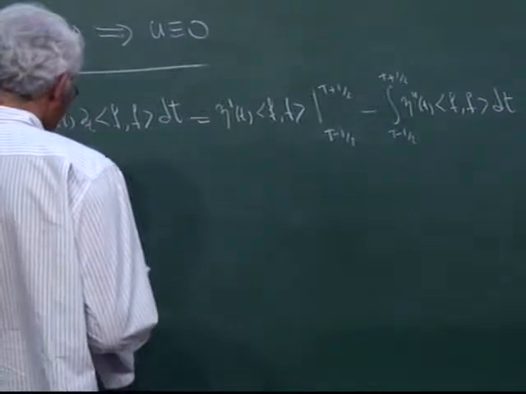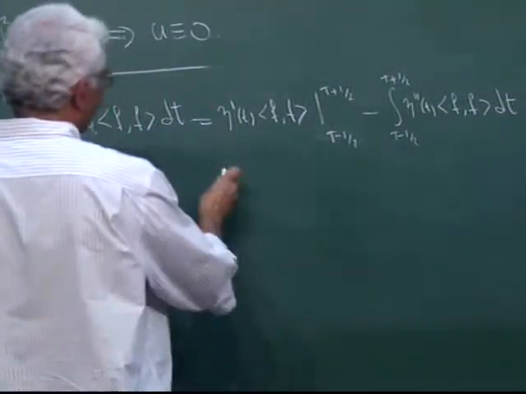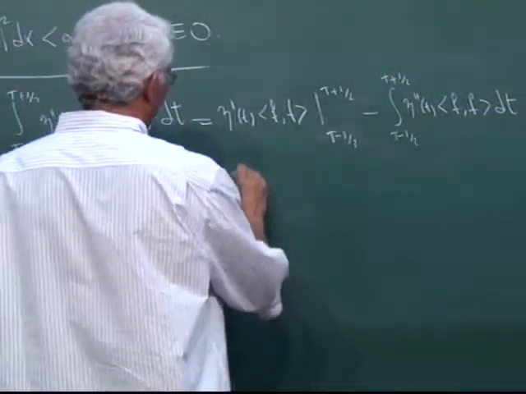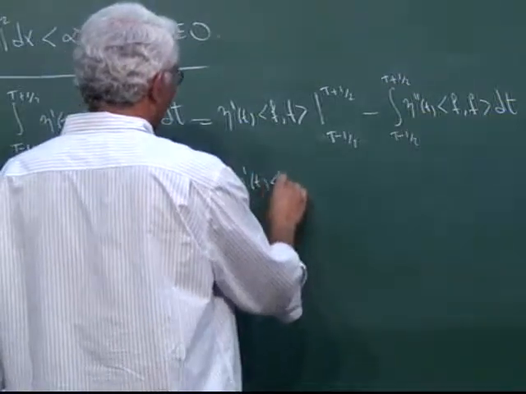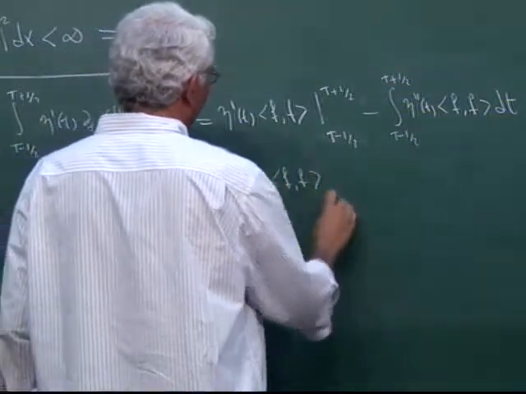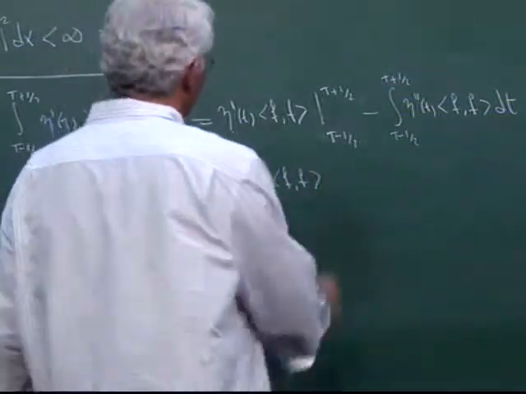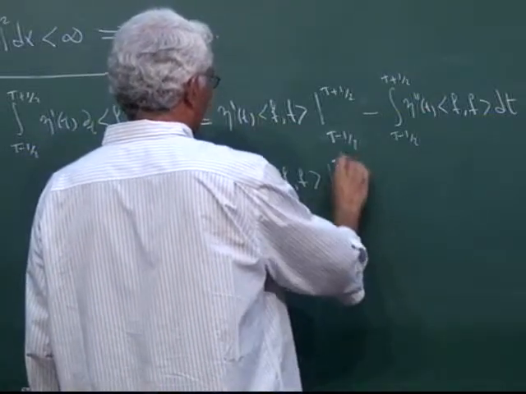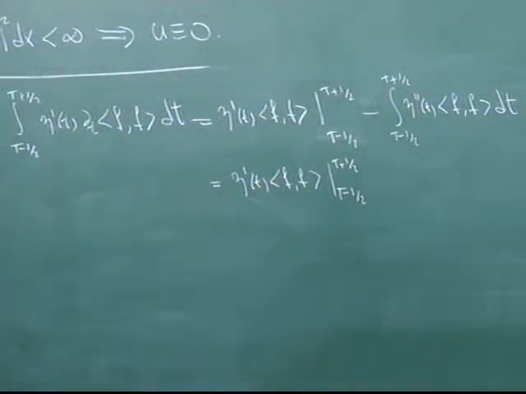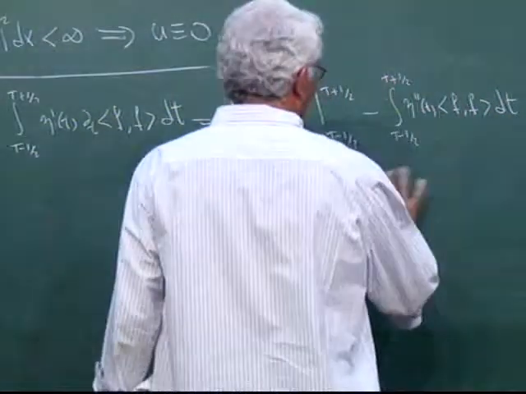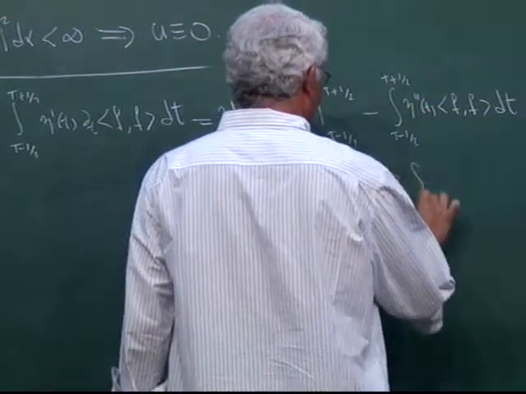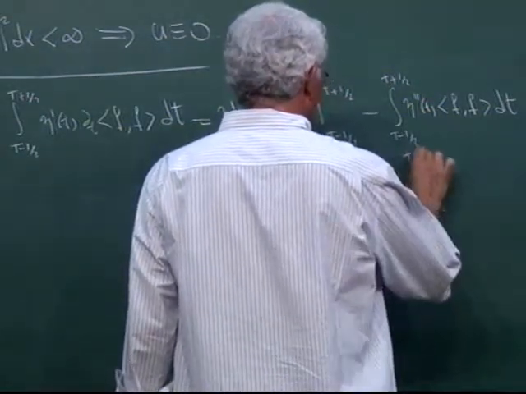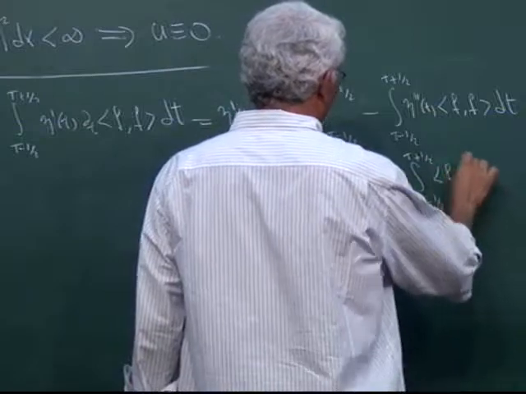But this is exactly equal to eta prime of t, f times f. The second derivative is minus 2. Then you have plus 2 times the integral of the L2 norm of f times f.